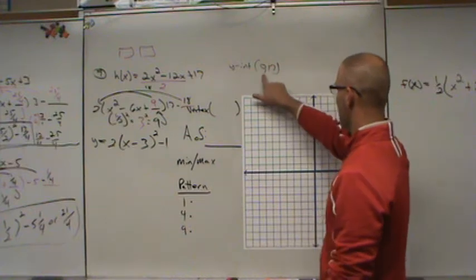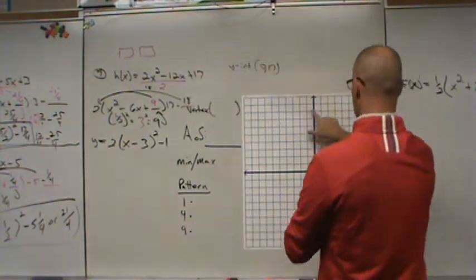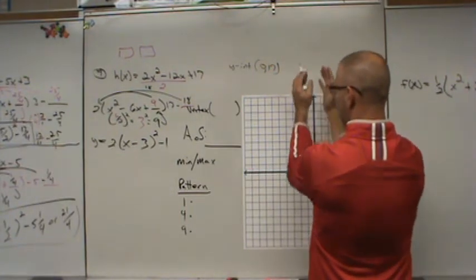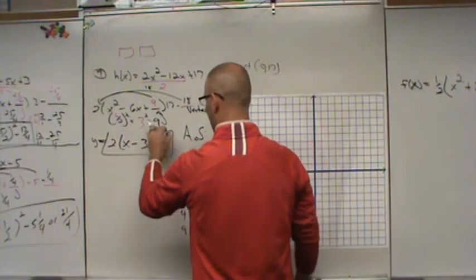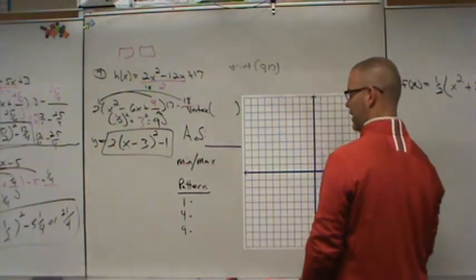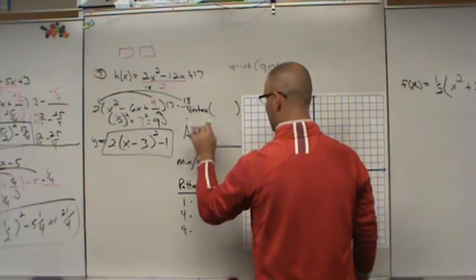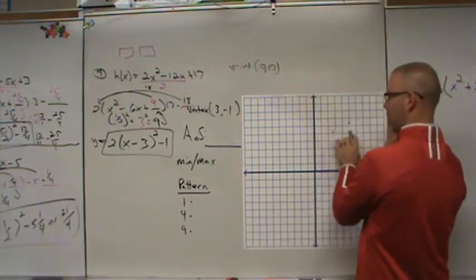The only thing I would have gotten out of standard form is 17, which is somewhere up here, and that my graph is skinnier. Here, when I convert it, I get all this information for my vertex. So, positive 3, negative 1. There's my vertex. Remember, if it's x minus, it shifts to the right.